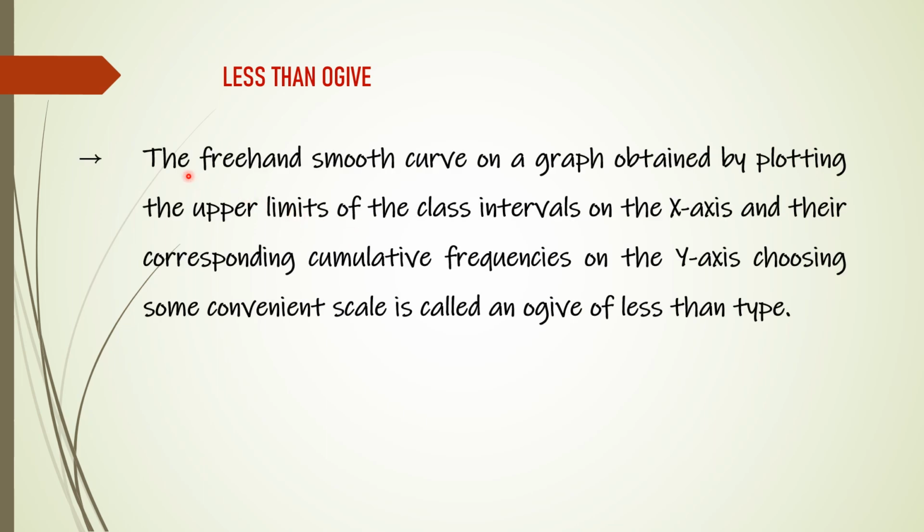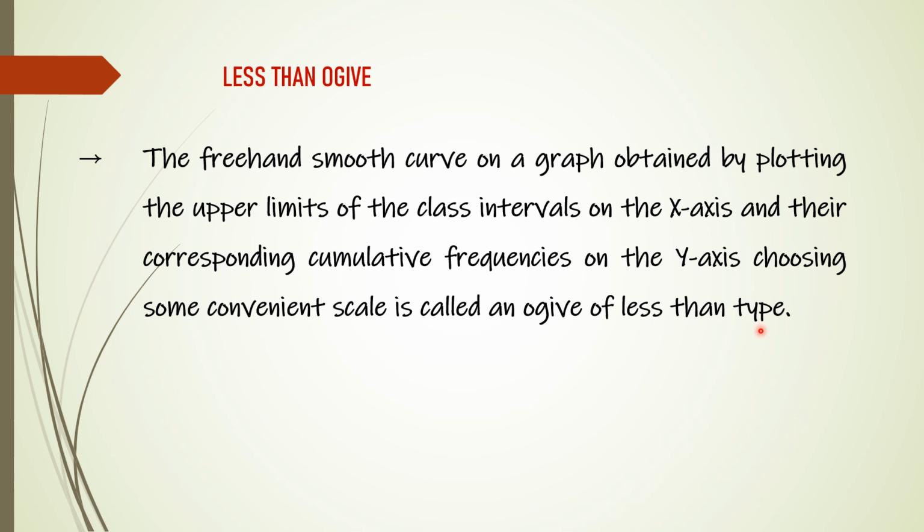Now what is a less than OGIVE? The freehand smooth curve on a graph obtained by plotting the upper limits of the class intervals on the x-axis and their corresponding cumulative frequencies on the y-axis, of course choosing some convenient scale, is called an OGIVE of less than type.